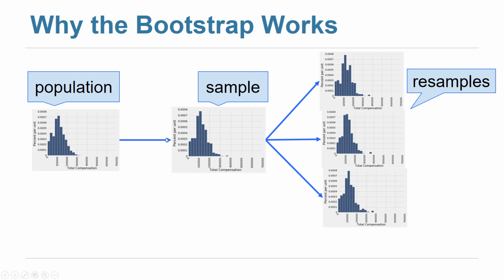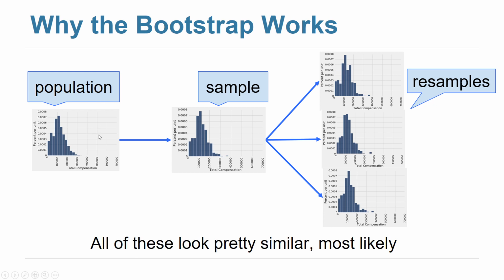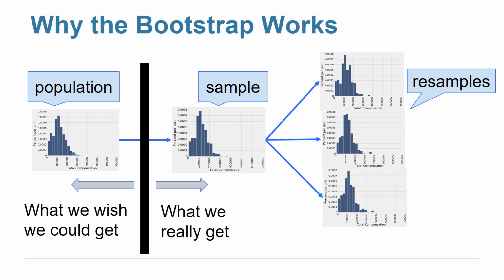We have an original sample, we resample from it, and thus we will have multiple samples that are with high probability similar to the original population. So all of these look pretty similar. If you look at the graphs here, the histograms, they look pretty similar, most likely, with high probability. So this is what we wish we could get, but we don't have.